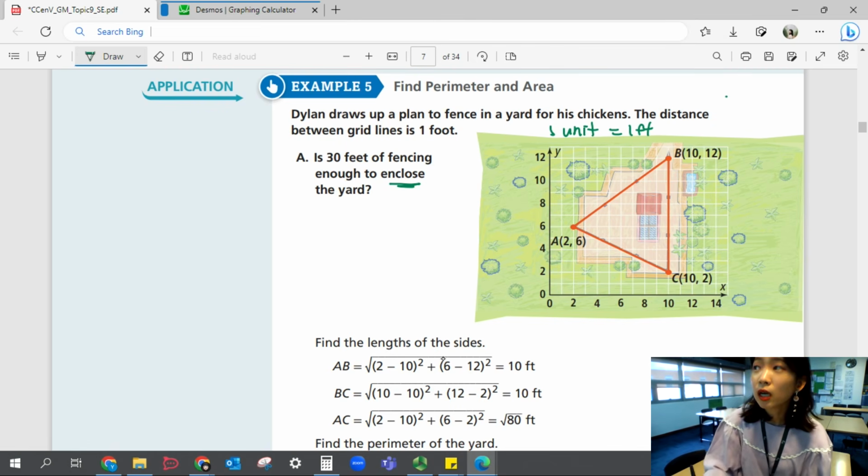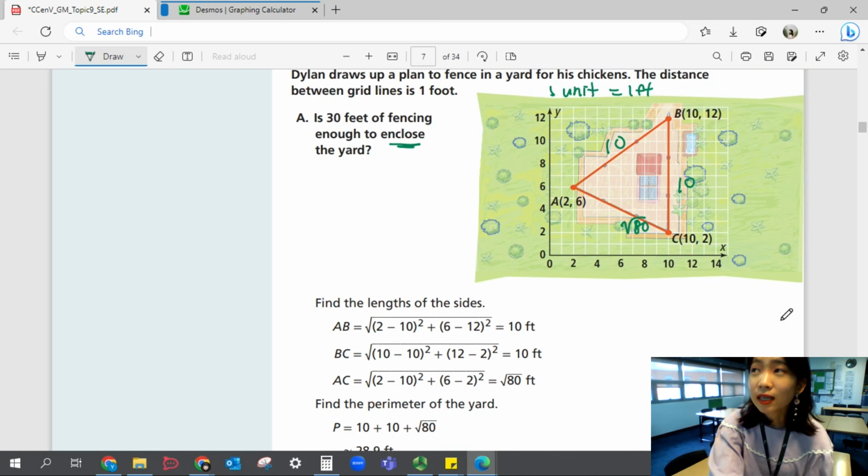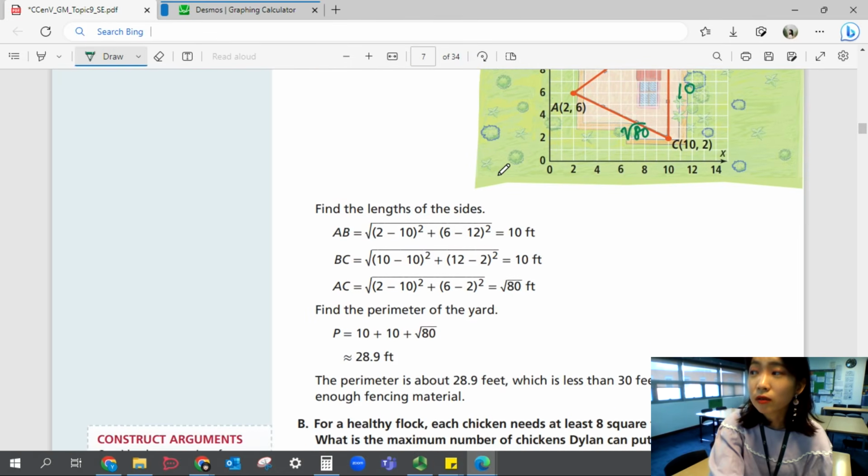And so AB turns out to be 10. BC turns out to be 10 as well. AC turns out to be square root 80. So if you add them all up, you'll get 20 plus square root 80, which is about 28.9. And 30 feet of fencing should be enough then, right?